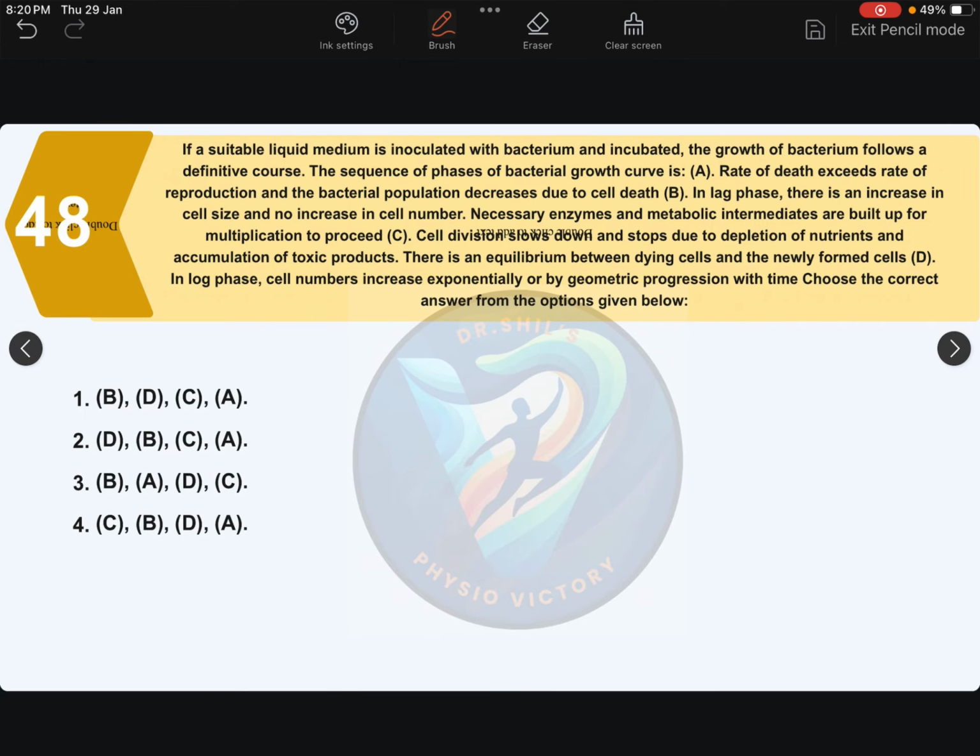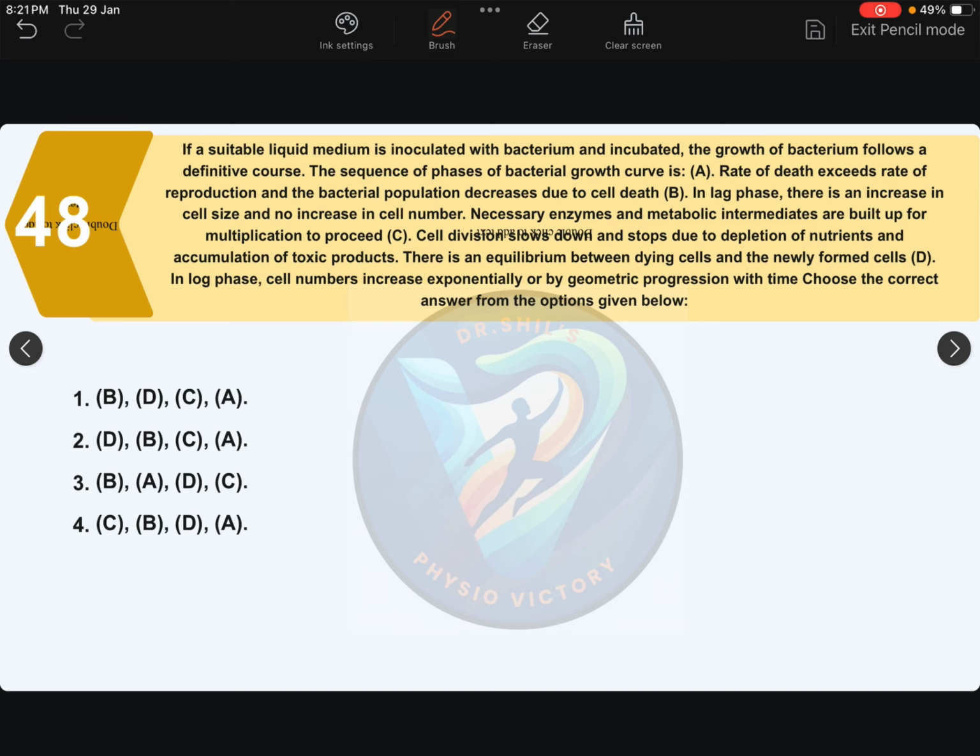Next come to question number 48. If a suitable liquid medium is inoculated with bacterium and incubated, the growth of bacterium follows a definitive course.